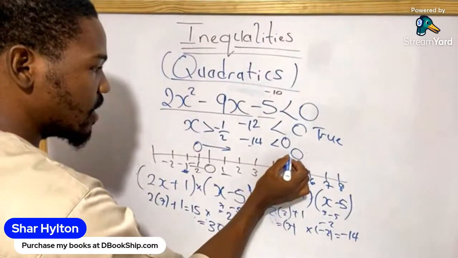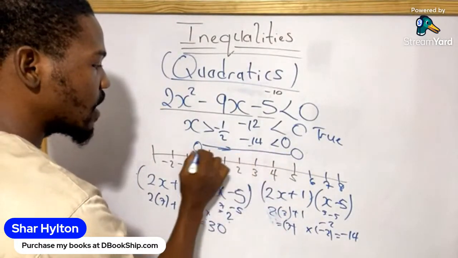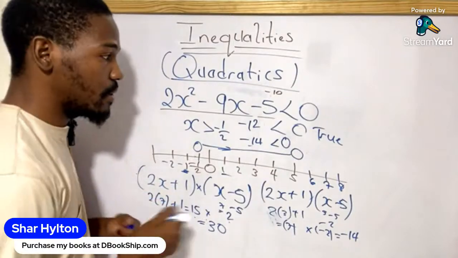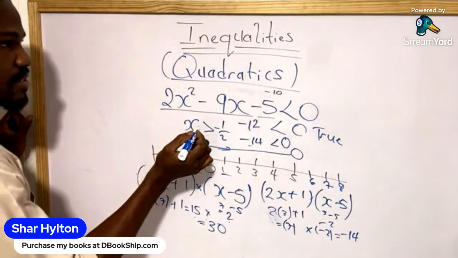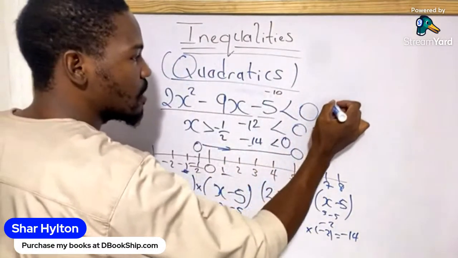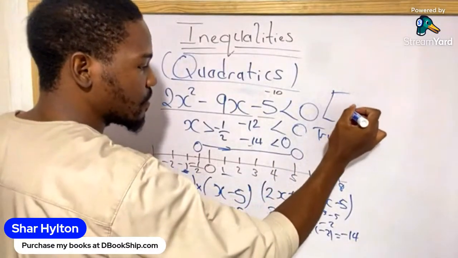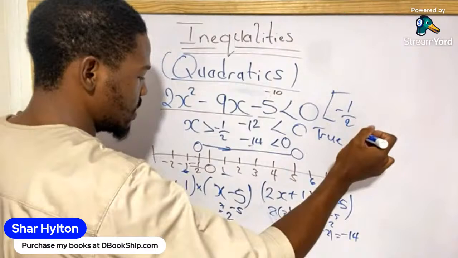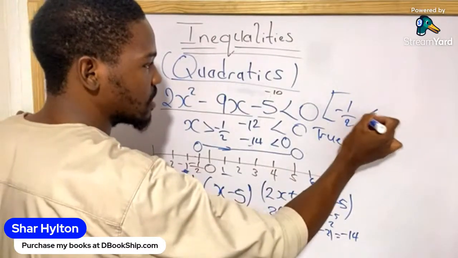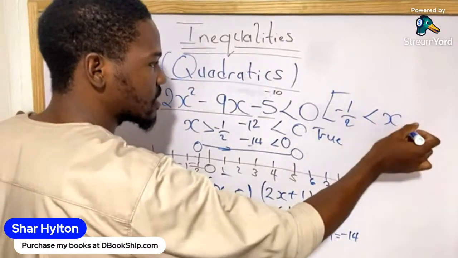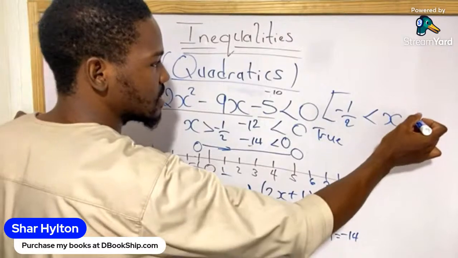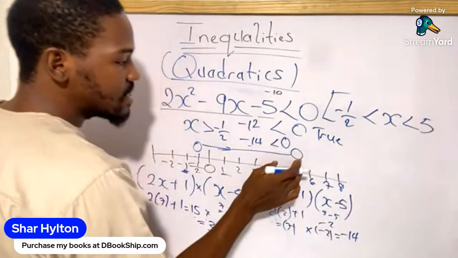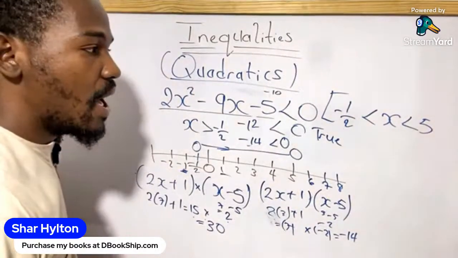So we can say then that the range of value for x is that negative a half is less than x, but x is less than 5.